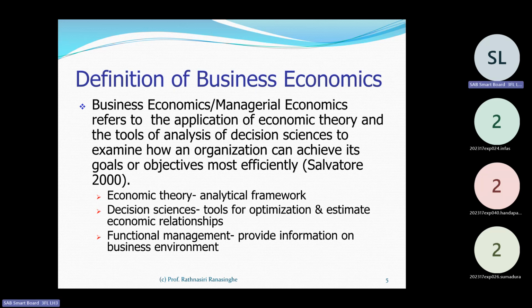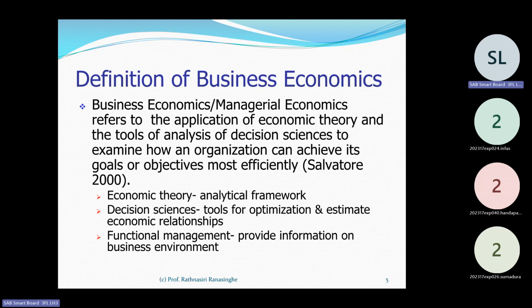In order to make such decisions, we need to use decision science. Sometimes you need to use differential calculus and marginal analysis to find the marginal cost, marginal revenue, and so on, and make decisions.